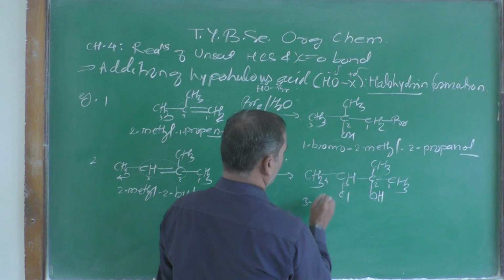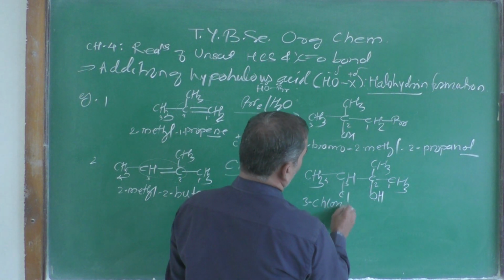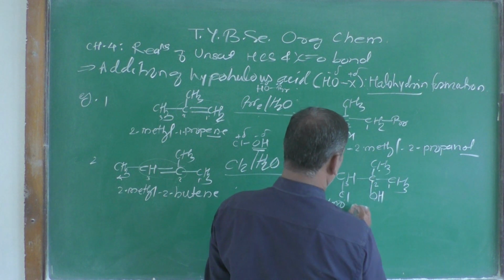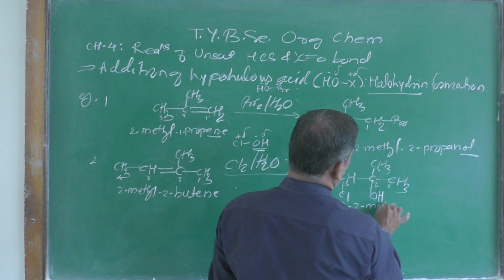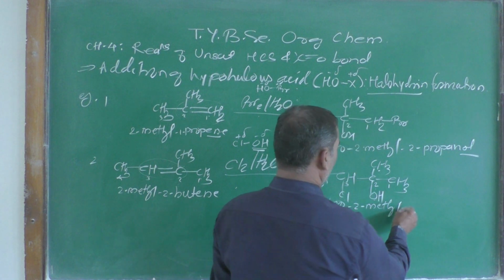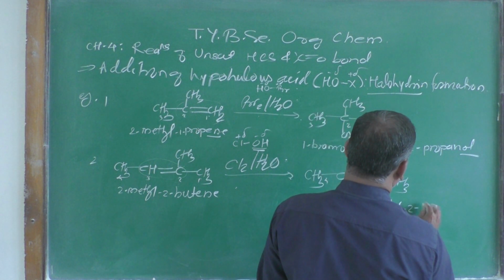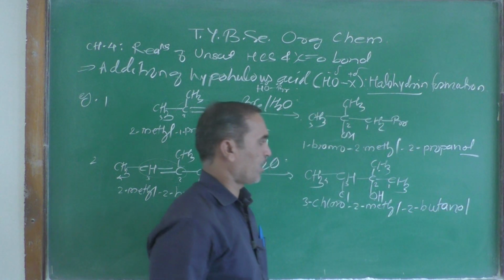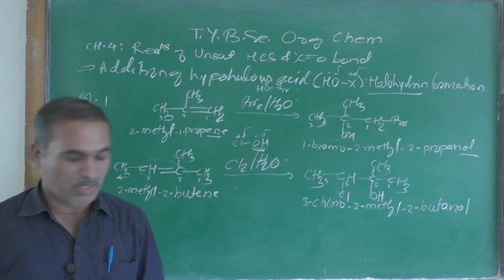At 3 position a chlorine atom is there, so 3-chloro. At 2 position a methyl group is there, 2-methyl. Then at 2 position hydroxy, therefore 2-butanol. So this is the correct IUPAC name of this compound.